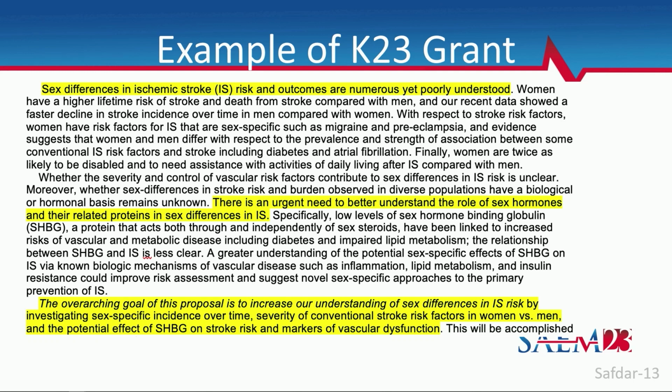What I needed to do for the reviewers to make this successful was to have them understand why it was important to look at this through a sex and gender lens. In the first couple iterations of the K-23s that I wrote, that was a major critique: they didn't understand, basically the significance wasn't high enough. Why are you looking at this by sex? Why is this important?